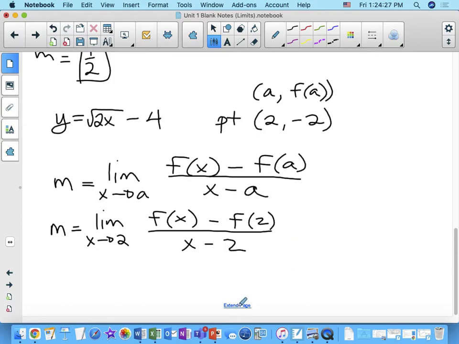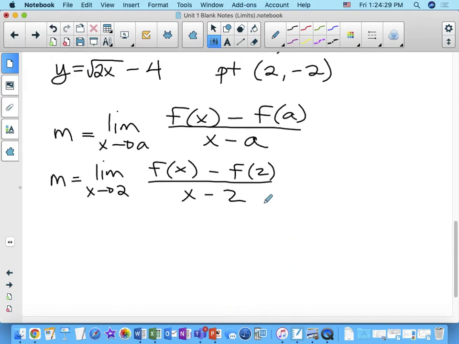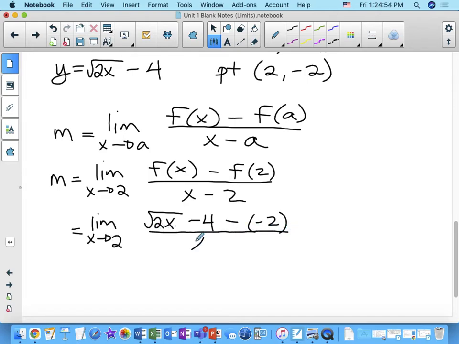Okay, so now we just got to plug some stuff in. So we know what f of x is. f of x is the square root of 2x. Was it plus 4 or minus? Oh, no, it's minus 4. Minus f of 2 is negative 2. Minus negative 2 over x minus 2.